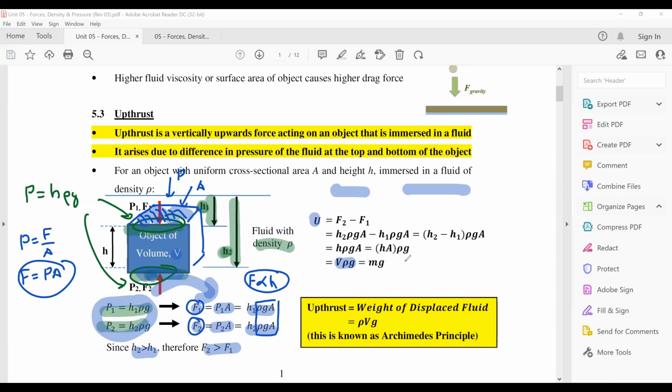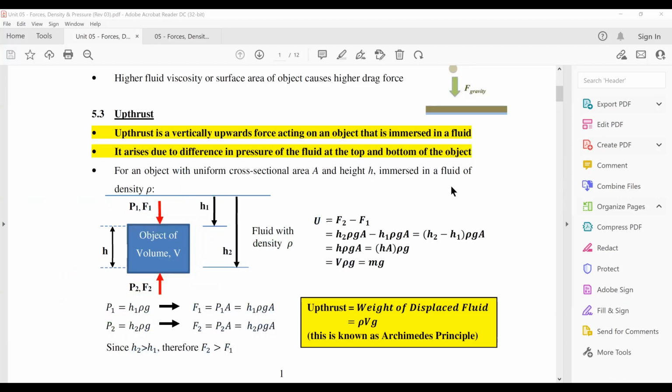Okay. Now, there's another thing. You know that there's force F1 acting at the top surface and force F2 acting at the bottom surface. The direction of the forces are also different. F1 will act down on the top surface.